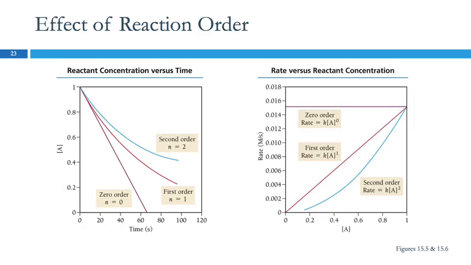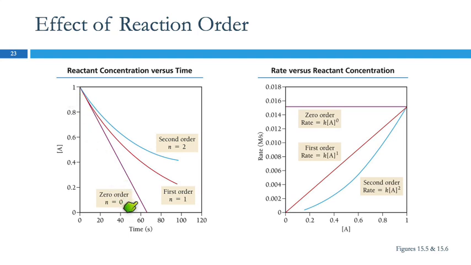So let's look at a couple of graphs. Here we're looking at reaction concentration versus time. So we start with a high concentration, and as the reaction proceeds, the concentration of that reactant goes down. That makes sense, right? When n equals 0, that means we're going to get a straight line here, because the rate does not change with the concentration.